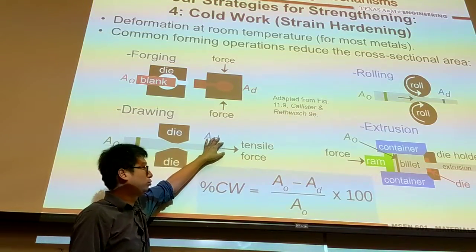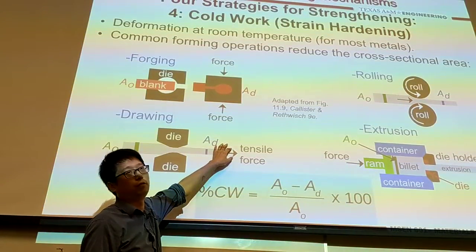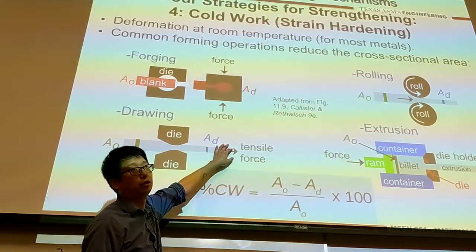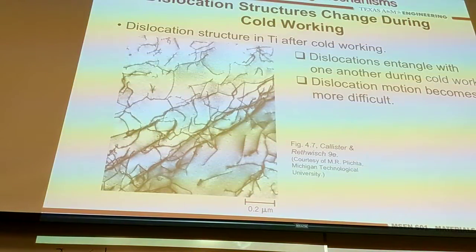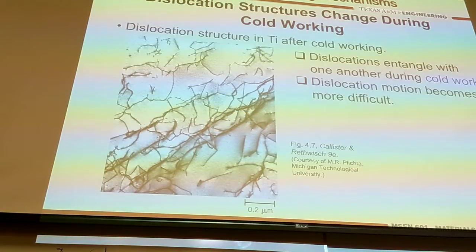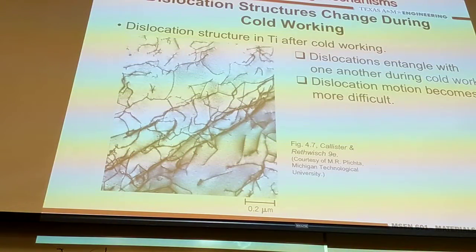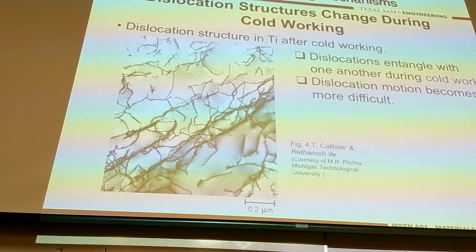But through this mechanical deformation at room temperature, you're generating a lot of dislocations. So these dark lines here are the corresponding dislocation structures in titanium after cold work.